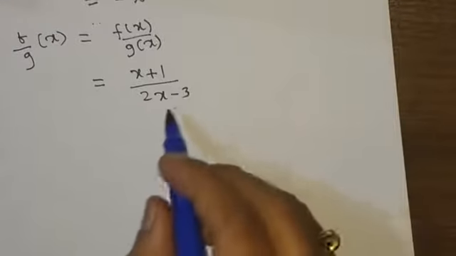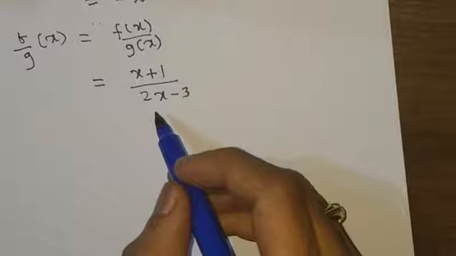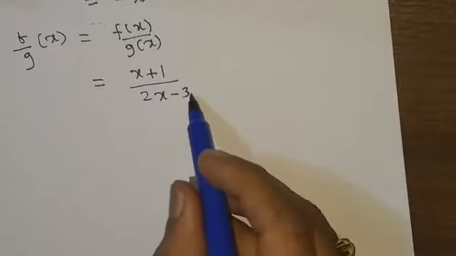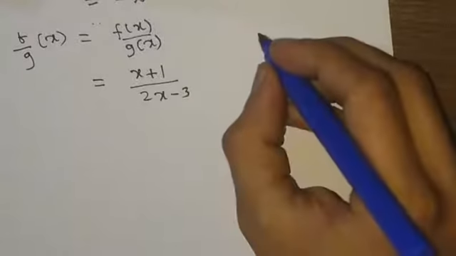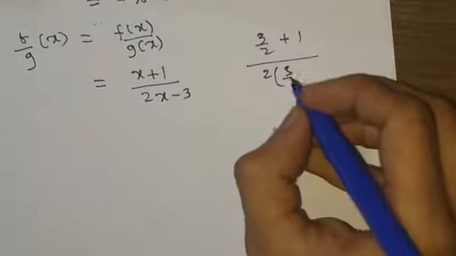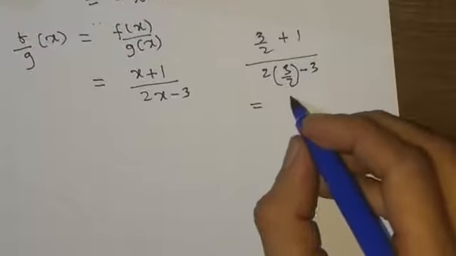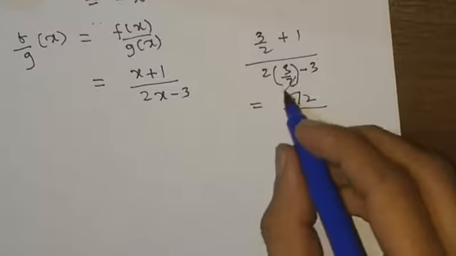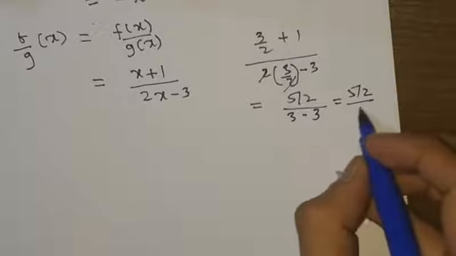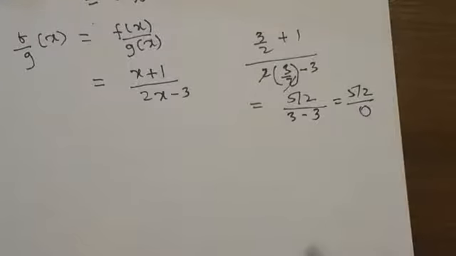Here you see that if x is equal to 3/2, then you get (3/2 + 1) / (2 × 3/2 - 3). So you will get (5/2) / (3 - 3), which is equal to (5/2) / 0.